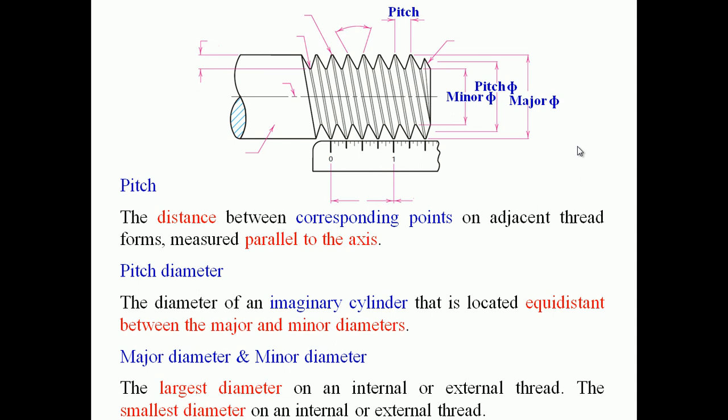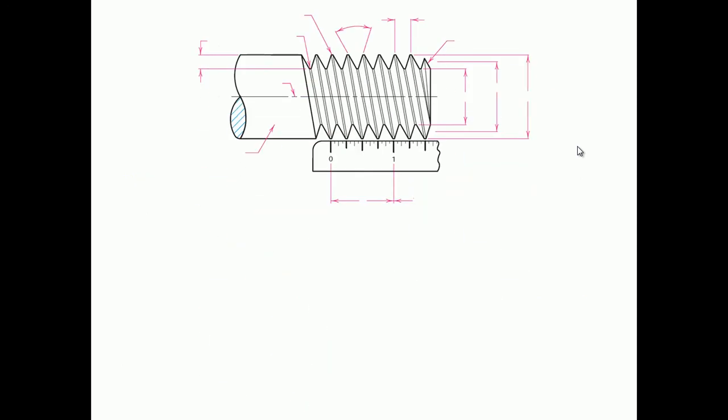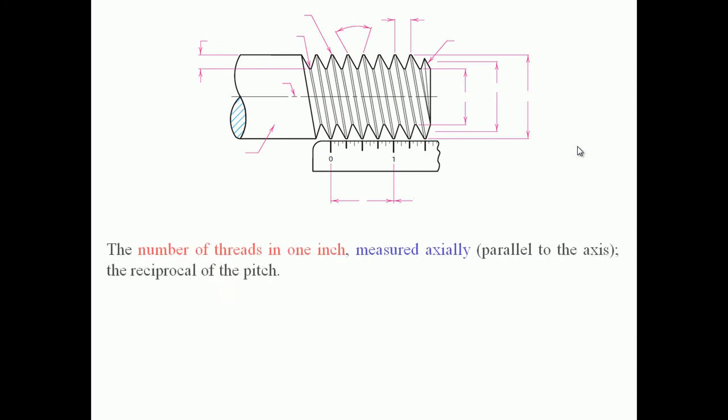The third one is the major diameter, the largest diameter of an internal or external thread. The smallest diameter of an internal or external thread is known as the minor diameter. These are terms we are using in screw fasteners and also in the thread nomenclature.